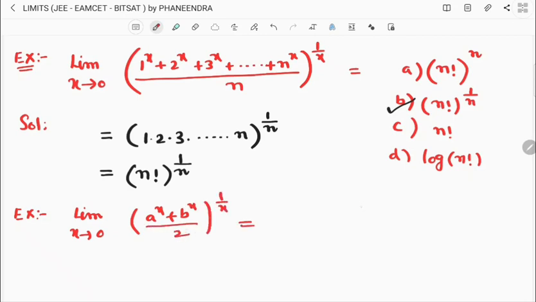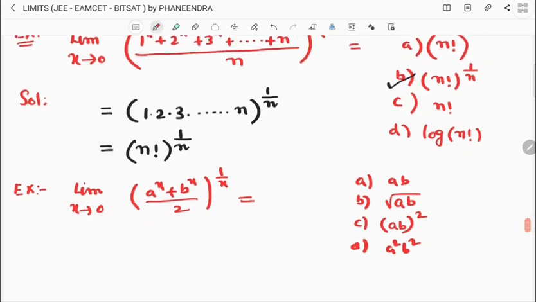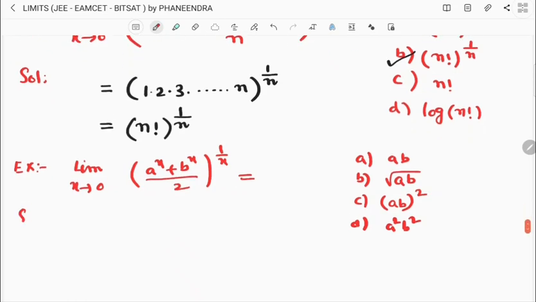So how to write that answer? The options: ab, root ab, square a square b square. So in the answer step we can write easily.